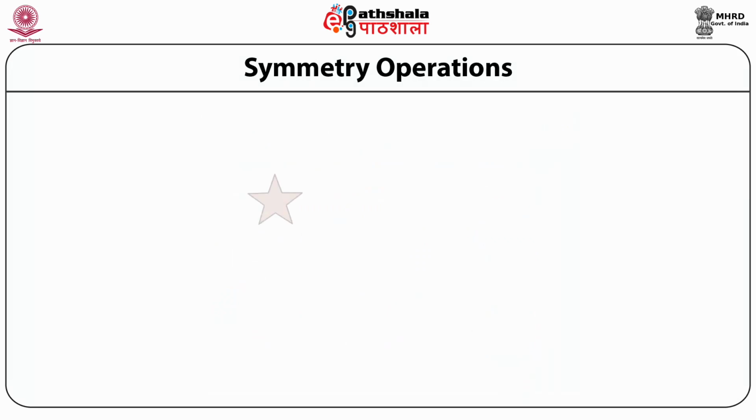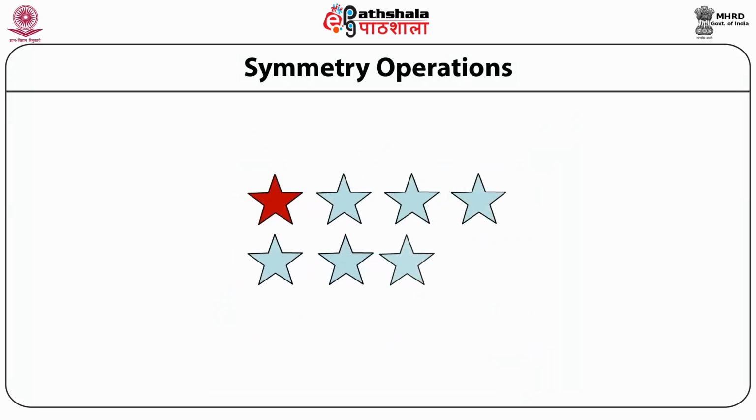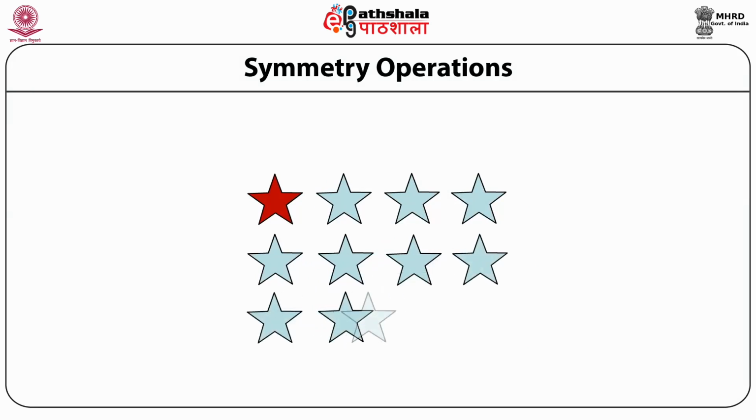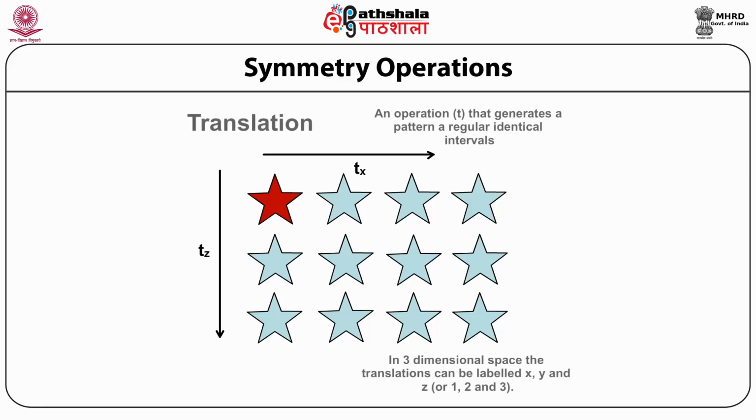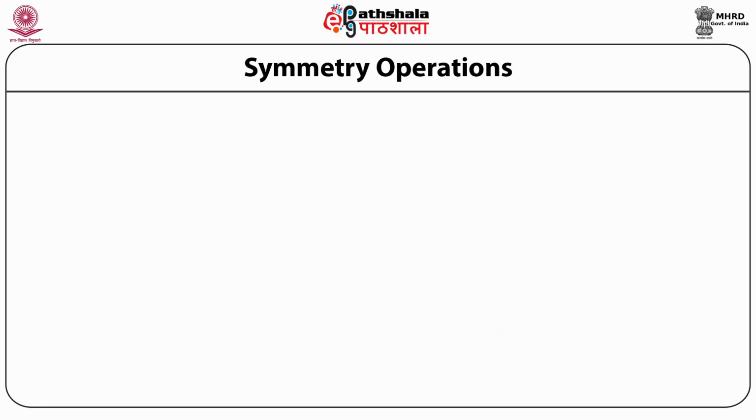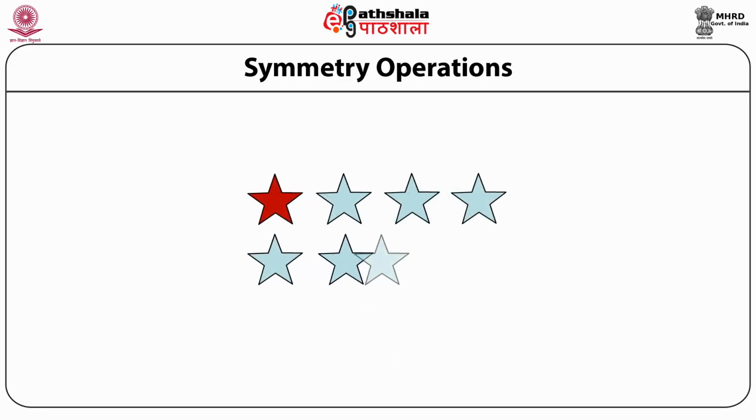So in the symmetry operations, in this slide we illustrate a translation operation. You can see that we have shown different stars, and there is a tx and tz axis.